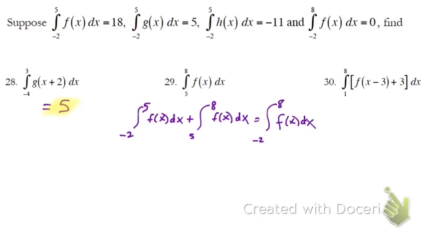So notice from negative 2 to 5, then we pick up again from 5 to 8. That would give me from start to finish, negative 2 to 8. Now again, we know this piece, and we know this piece, and we're looking for this piece. So if this is an equation, to find this piece in the middle, we would subtract this one over to the other side. So the integral from negative 2 to 8 of f of x dx is equal to 0.